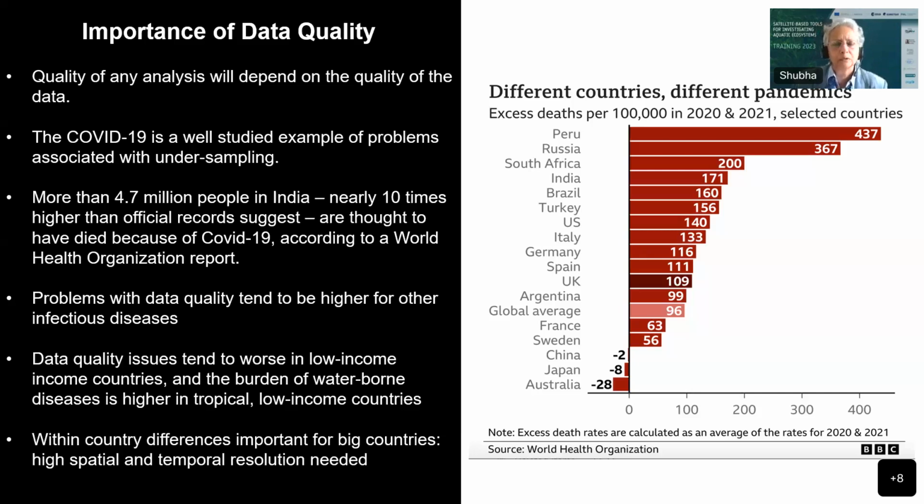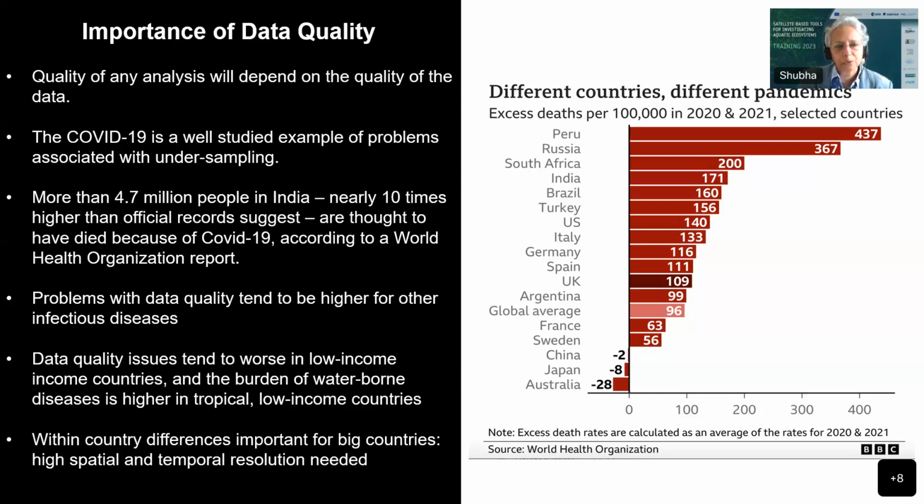So the fact remains that if we can't rely on the diseases data, then all methods for environmental predictions of these diseases based on environmental conditions will be that much less performing. And of course, the data quality tends to be higher for infectious diseases such as cholera that we have been looking at.